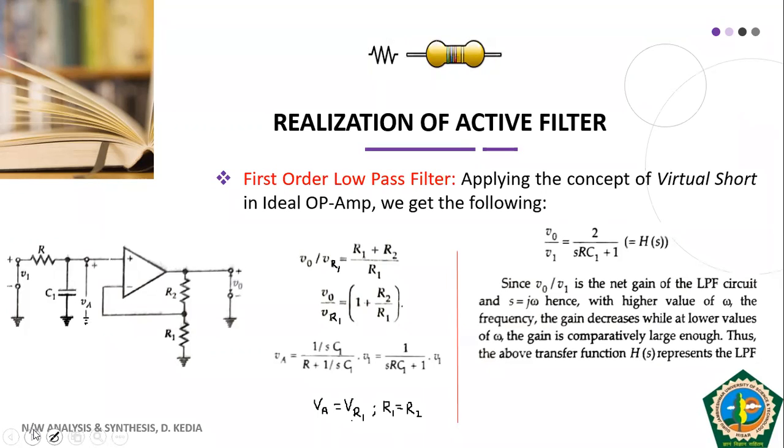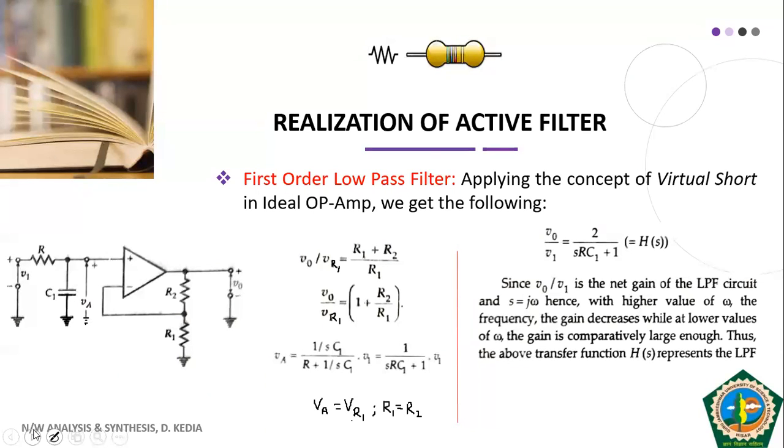I'll briefly tell you the concept of the operational amplifier and how to use it in circuits, so that we can understand the expressions related to these active filters, whether low pass, high pass, band pass, or band stop.